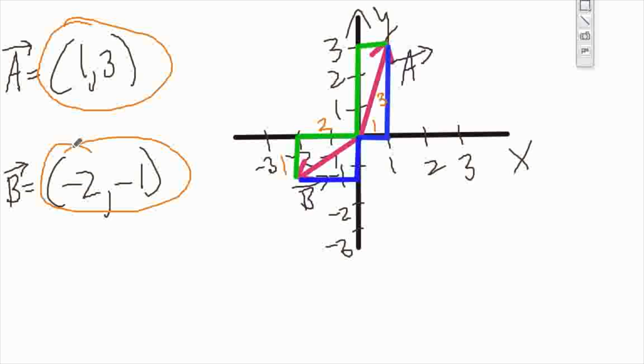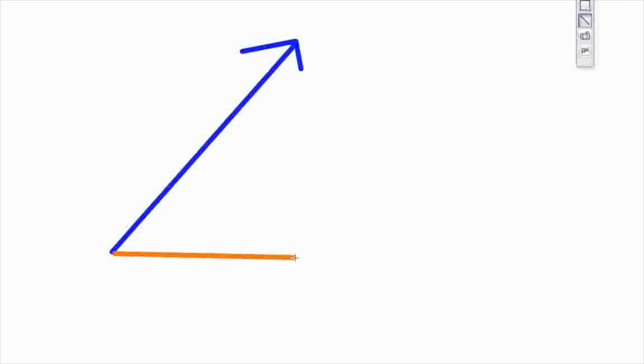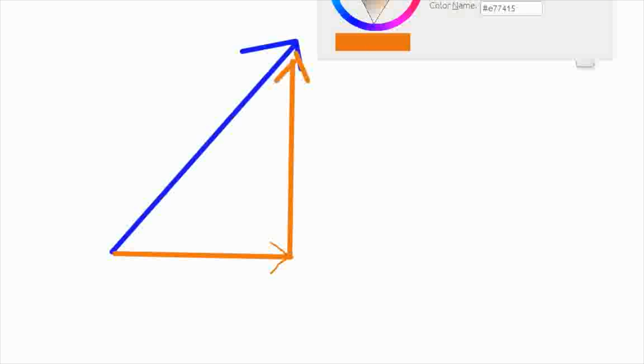Okay. Now, let's continue. Now that we know what components are, let's build on what we've got. Suppose that I had a vector, and suppose that I had drawn the components of the vector with some right triangle, and suppose that I also knew that the lengths of the components of the vector were, let's say, 3 and 4.